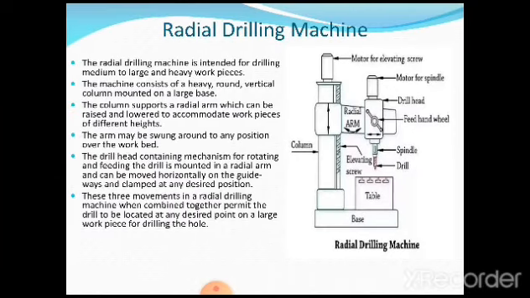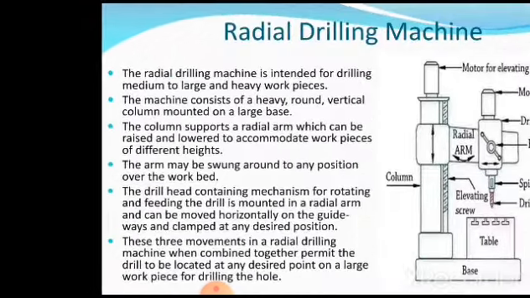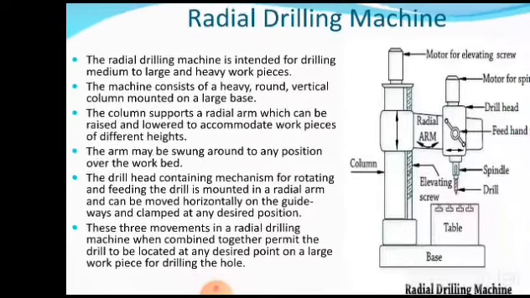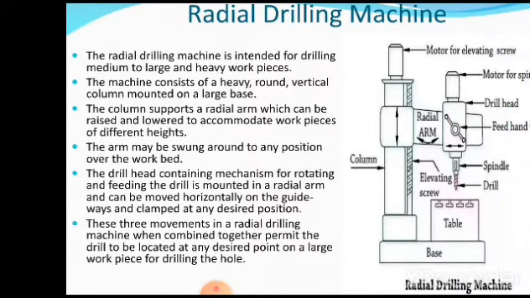So now let us understand how the operation of drilling is carried out on a drilling machine. The radial drilling machine is intended for drilling medium to large and heavy workpieces, which are bigger in weight compared to the workpieces drilled on the sensitive type.